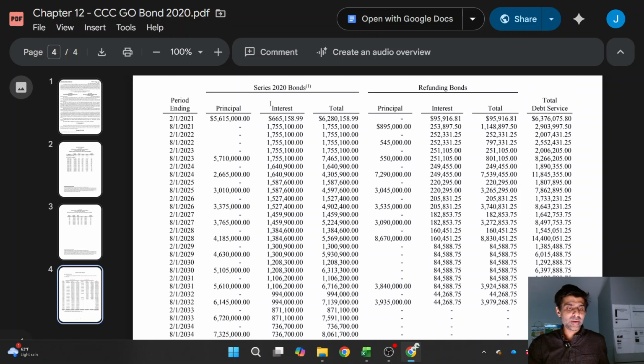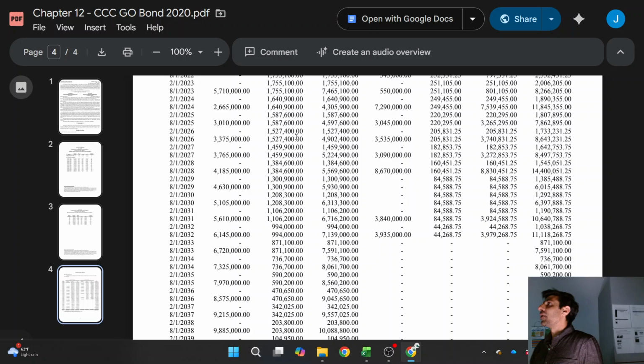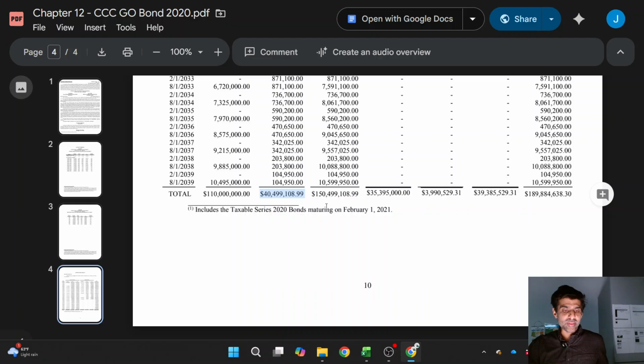The interest, this is based on that 4% coupon. This is what they're going to pay. Okay, so this schedule is based on the coupon rate, the stated rate. Now, investors, the total value of this is 150 million. Maybe investors only paid, or in this case, it looks like they paid 170 million.